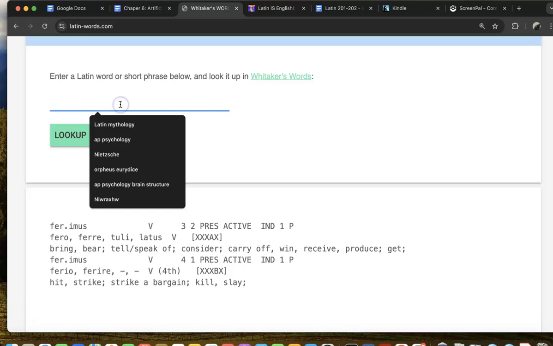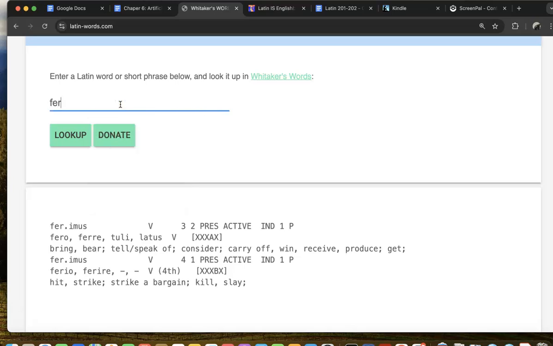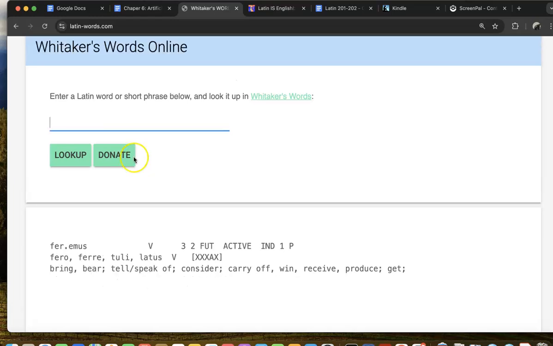And so this one can be a little bit tricky if we don't know how to spell the word. And so this is where we want to make sure we're looking up our words in the dictionary, in this case, Whitaker's words. And you can see that's future active. So we need to make sure we put it in the future tense.